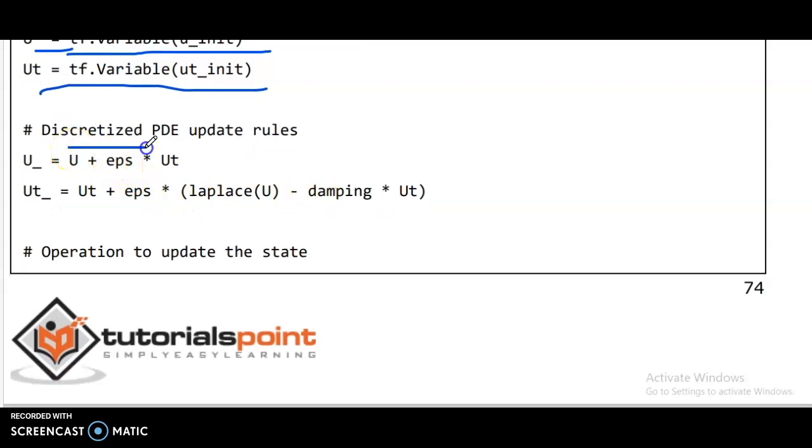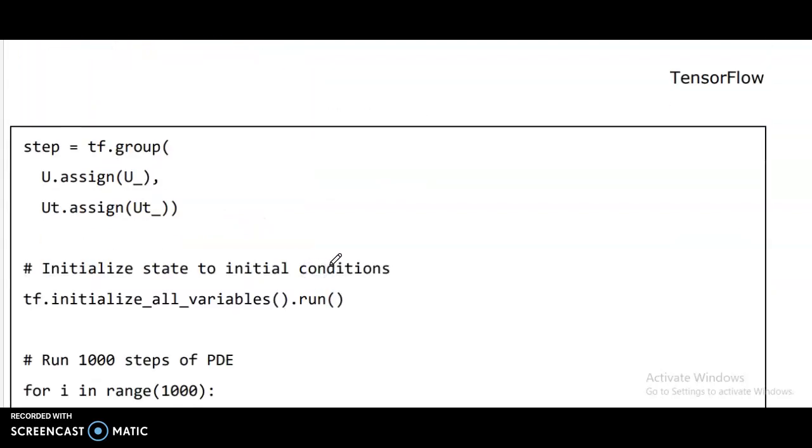Discretized PDE update rules: U_ equals U plus eps times Ut, Ut_ equals Ut plus eps times laplace U minus damping times Ut. Operation to update state: step equals tf.group, U.assign U_, Ut.assign Ut_.